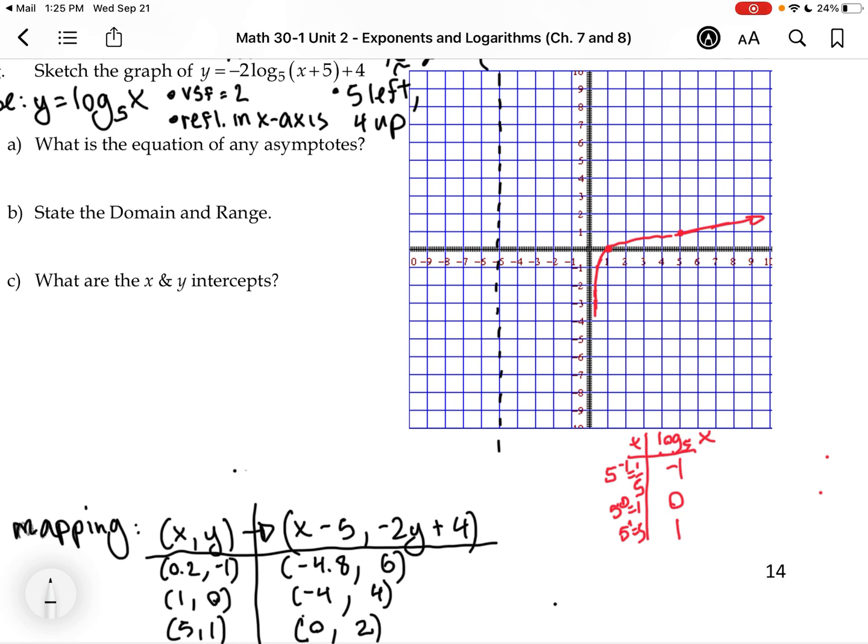Okay? And then to get the transformed function, I can plot these 3 points. So the first one is negative 4.8, 6, so that's about here. And the second one is negative 4, 4, that's here. And then 0, 2, that's here. So this is going to kind of look like this.